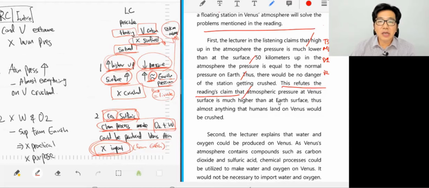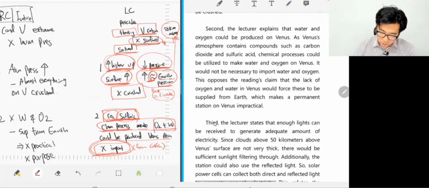So what's the reading's point? Atmospheric pressure at Venus surface is much higher than at Earth's surface. Therefore, almost anything that humans land on Venus will be crushed. Means it's not livable because everything will be crushed. So body 1 completed. Let's move on to body 2.